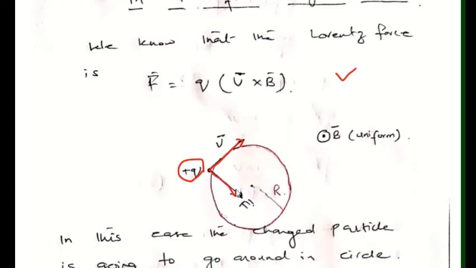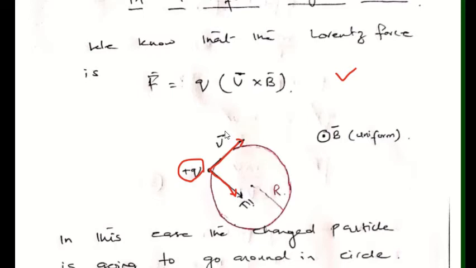So when this force, velocity and magnetic field act in the given directions, this charged particle will be changing its direction at every point while keeping its speed constant.